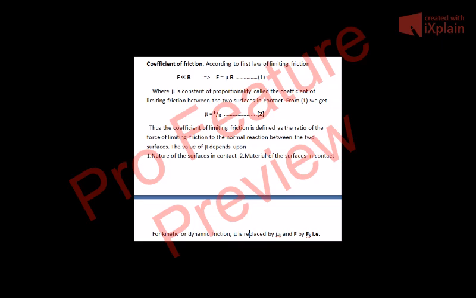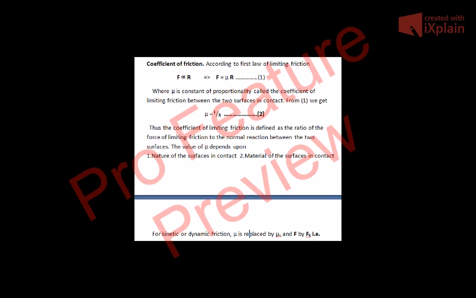For example, if you keep a book on the table, the force of gravity tries to bring it down, whereas normal reaction tries to keep it up. So as long as the two forces are balanced, that is weight mg is equal to normal reaction, the book will remain on the table. If weight becomes greater than the normal reaction, then the table will break and the book will come down. So R is the normal reaction.